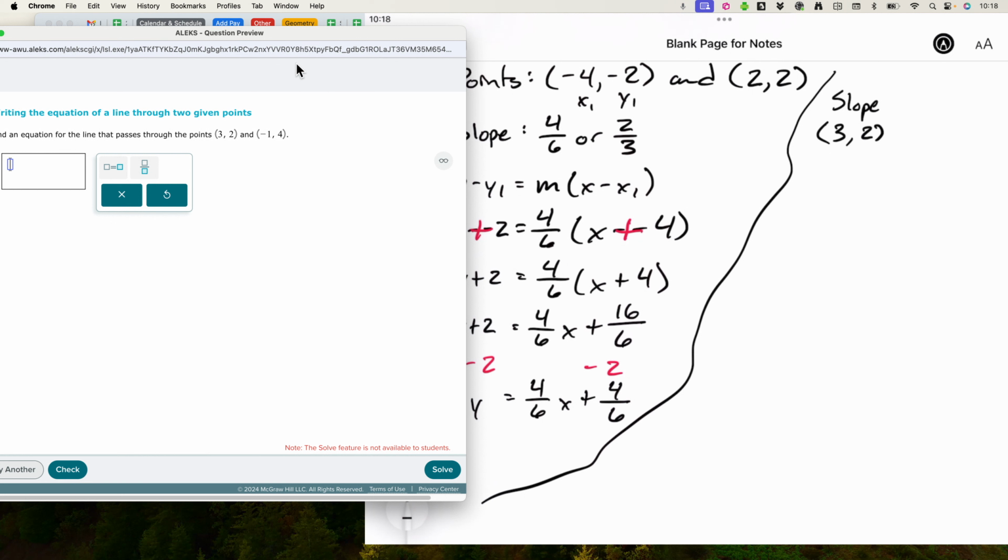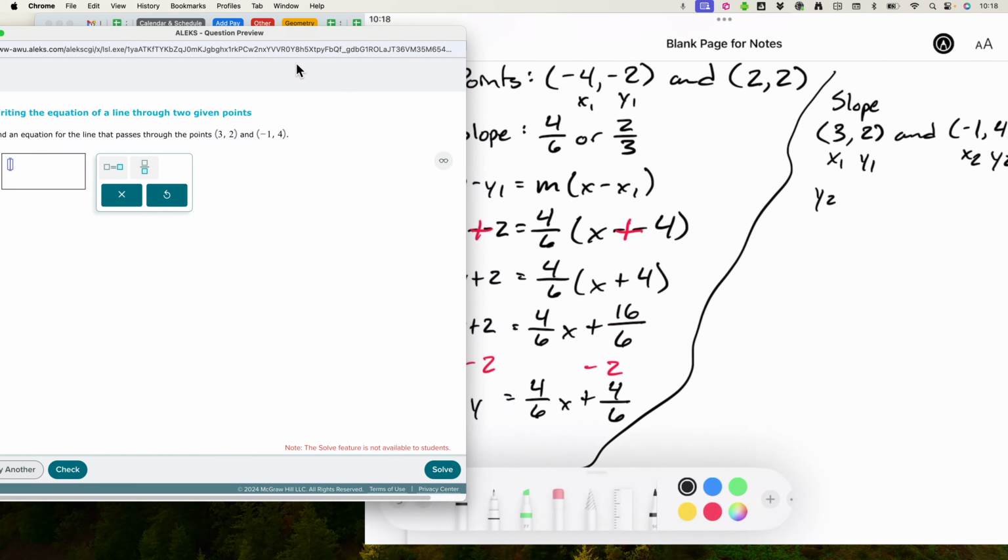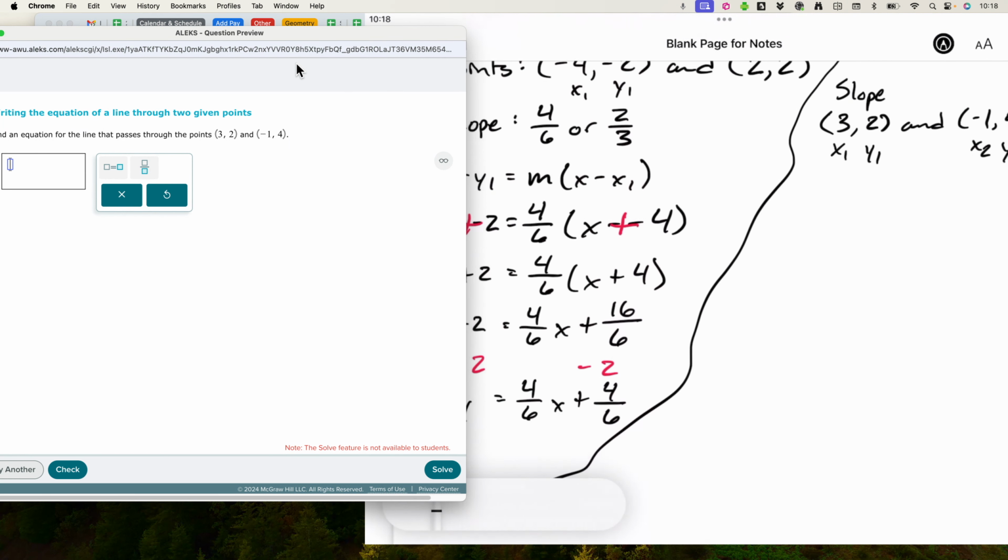We would have 3, 2 and -1, 4. x1, y1, x2, y2. Slope formula is y2 minus y1 over x2 minus x1.